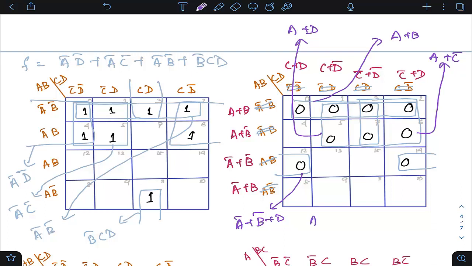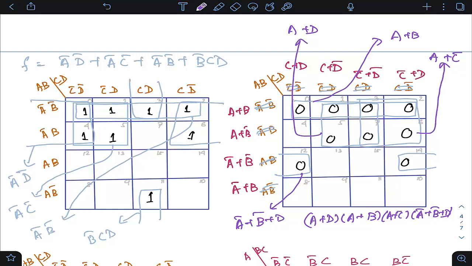So the answer would be a plus d, because every term is a sum term. This will be the product of a plus b, then a plus c bar, and then a bar plus b bar plus d. Yes or no? You have a plus b, you have a plus c bar, and you have a plus d.